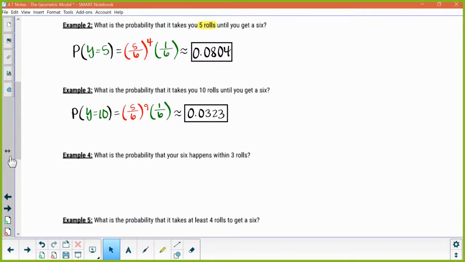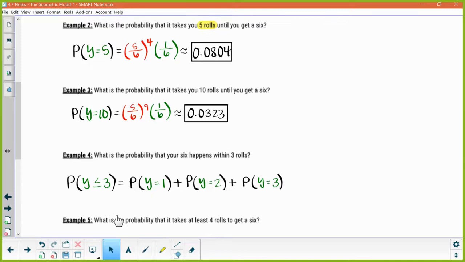What is the probability that your 6 happens within 3 rolls? So either you got it in 1 roll, you got it in 2, or you got it in 3. So that's like me asking, what's the probability that Y is less than or equal to 3? Remember, these equal to signs are really important for these types of probabilities. So what I can do is calculate each individual probability and add them together.